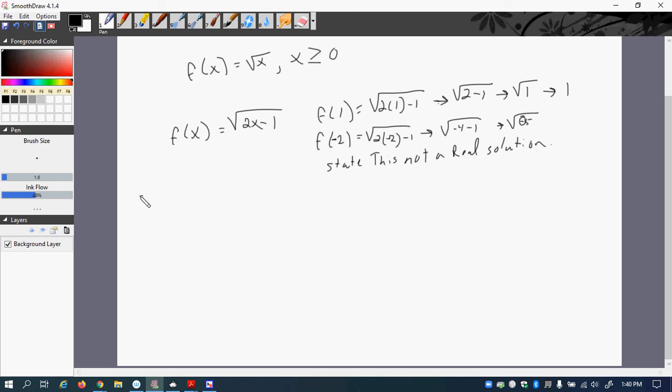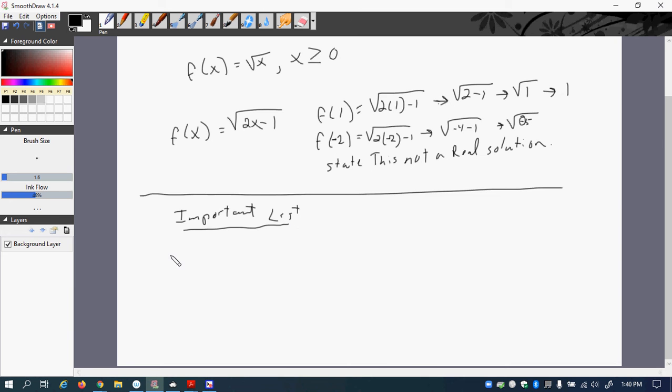So they gave me important information. So the important list. Okay. They gave me the equation. They said t of x is equal to 1/2 square root of x.